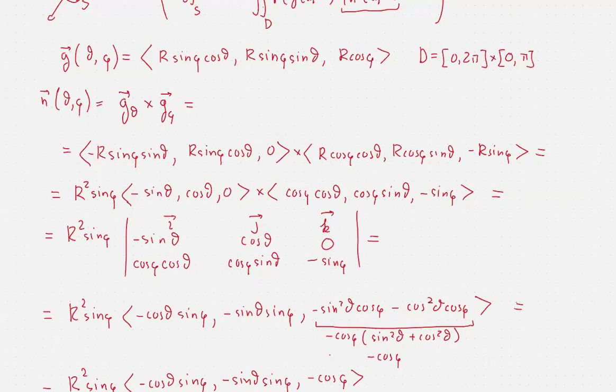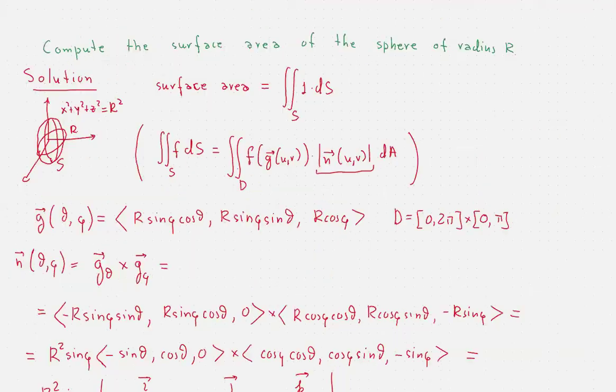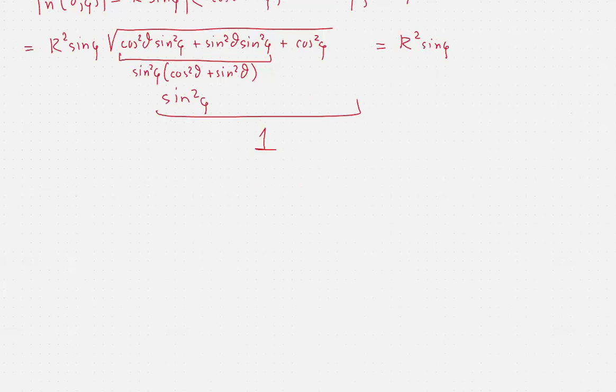And remember, if we go back to our formula, we just need to integrate this over the domain of the parameterization. So eventually, the final answer will be the integral from 0 to 2 pi with d theta, integral from 0 to pi with d phi, and we're integrating r squared times sine phi. There is no theta, so we have a multiplication with the length of the interval of the integration with respect to theta.